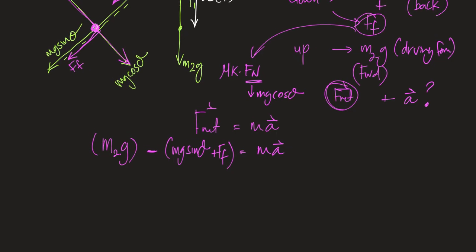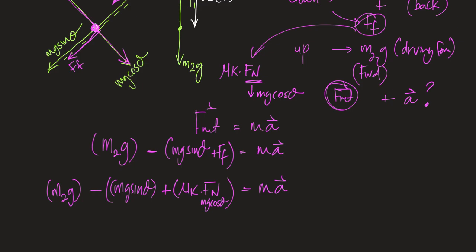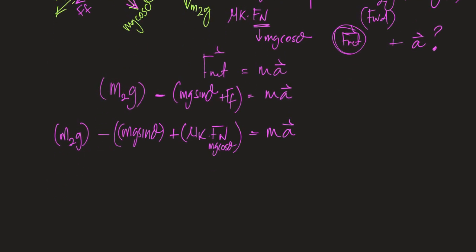So if I'm looking here, I'm going to go m2g minus mg sine theta plus, put this in brackets, mu k times Fn, right? And the Fn, which is technically mg cos theta, I just said that, is equal to mass times acceleration. So now let's put some values in here.